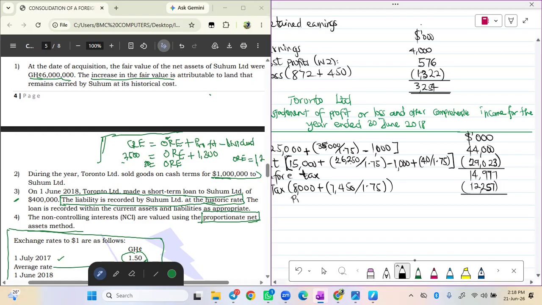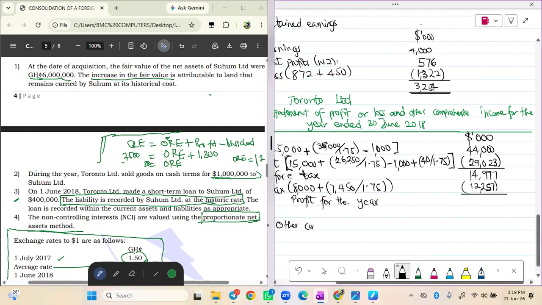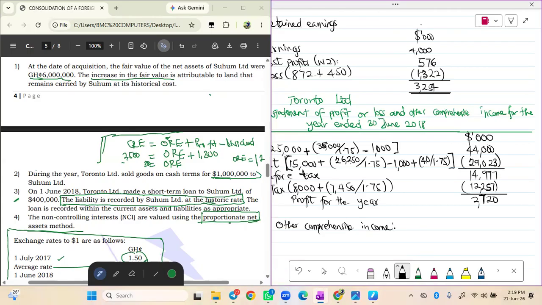So what will be the profit for the year? When you are done, you bring your other comprehensive income. 2720. 27234. Which one?